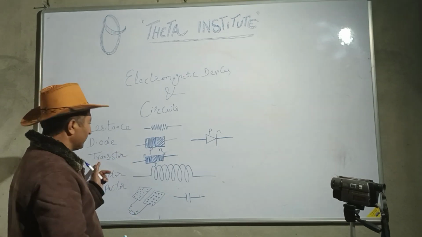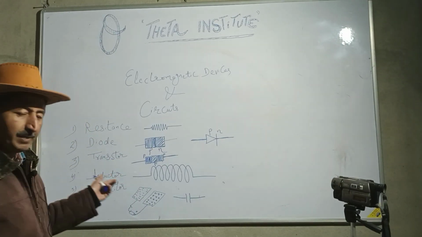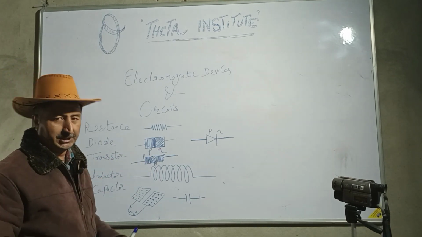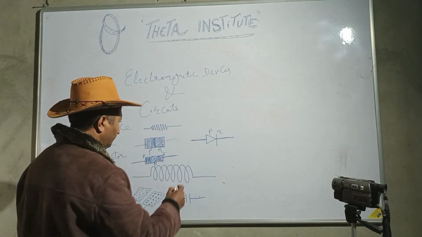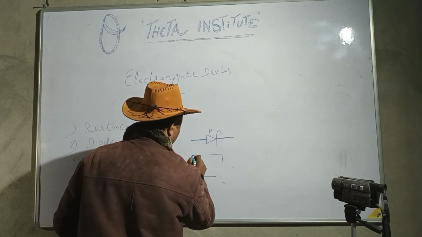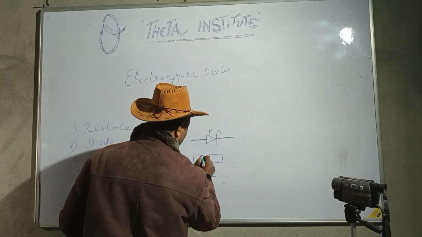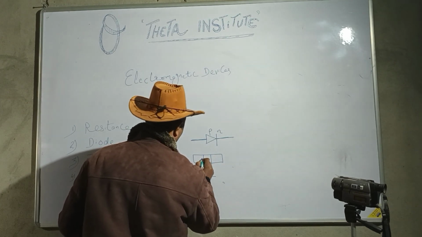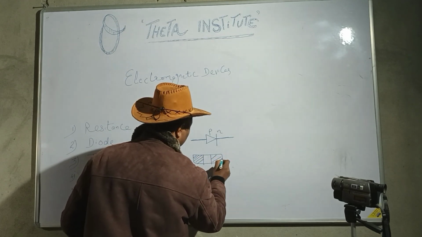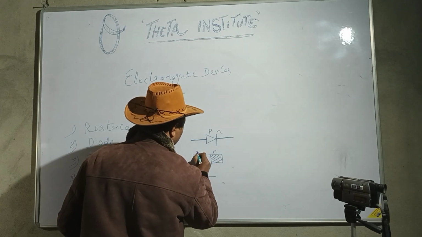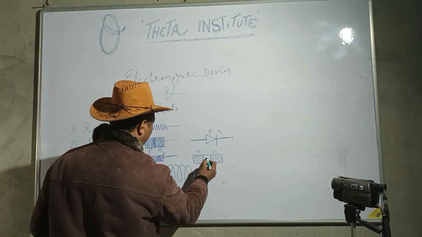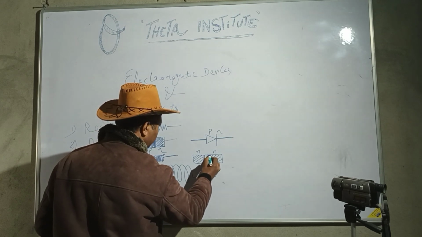Alternatively, a transistor may be formed by NPN junctions, an NPN transistor. In this way, there are two N materials on either side and a P material in the center.